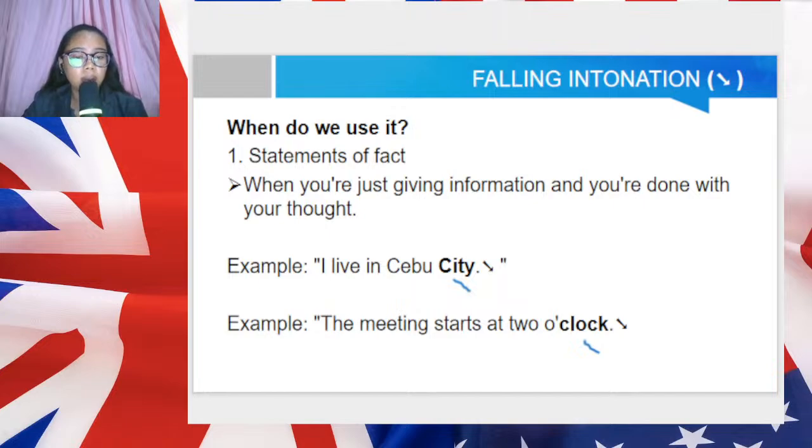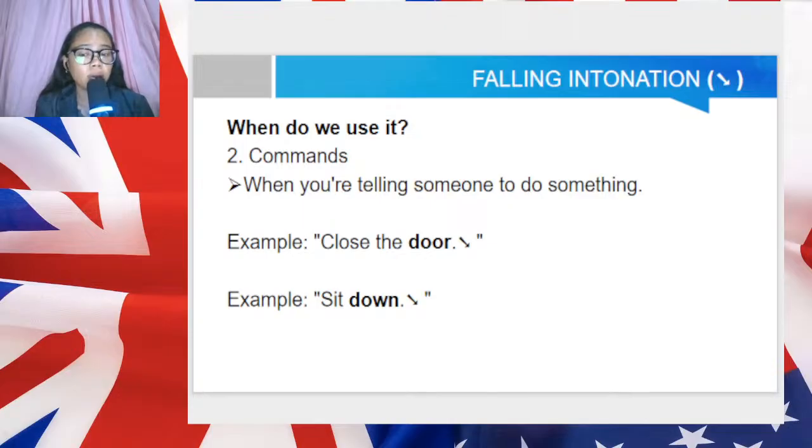Continuing with another context. When do we use falling intonation? We also use it in commands. Let's move on to that second context, which is commands.